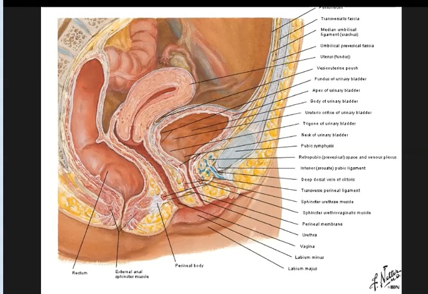The position of the ovary is variable. In nulliparous women, meaning women who have not had any childbirth, its long axis is nearly vertical, same as this. But in multiparous women, the axis becomes horizontal.